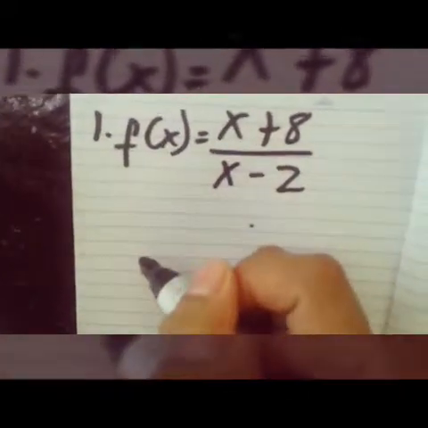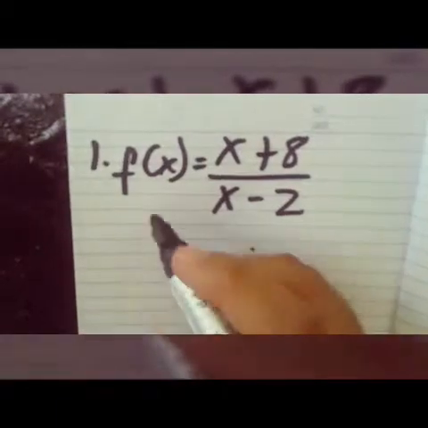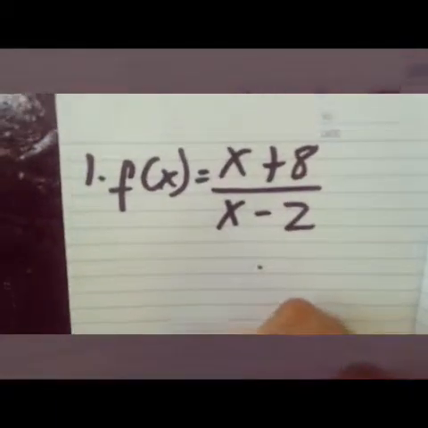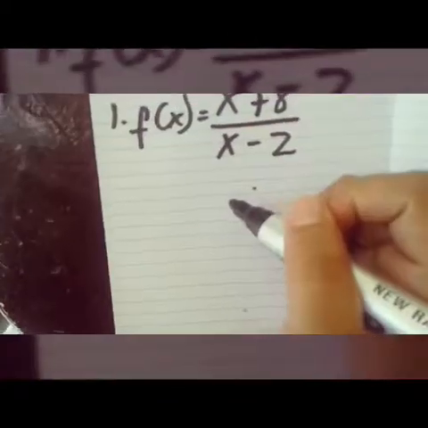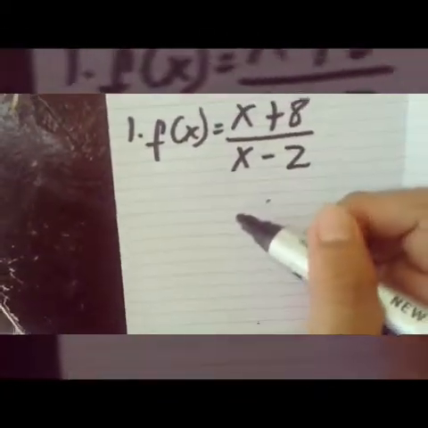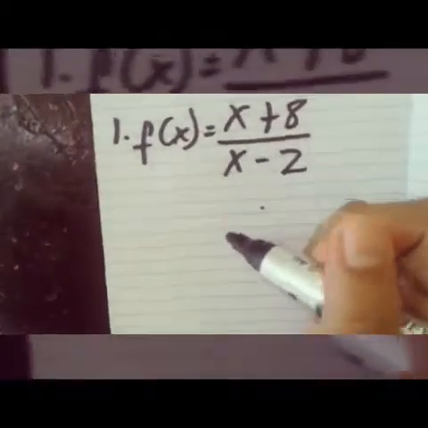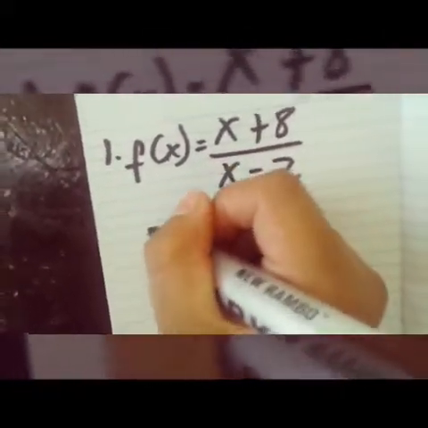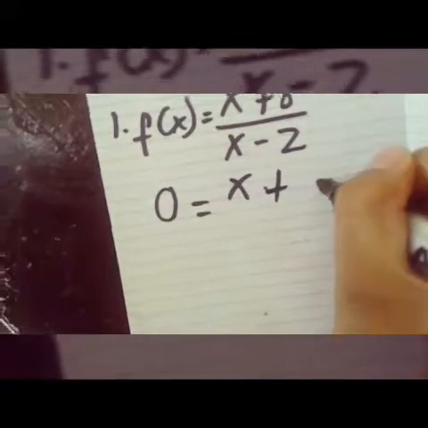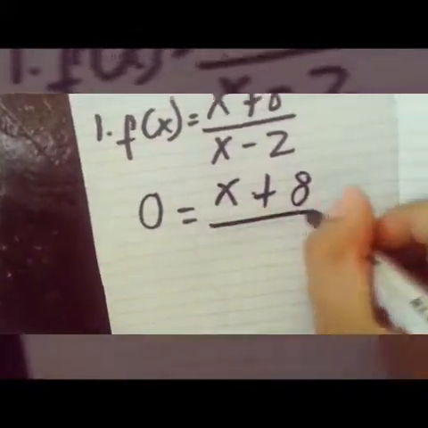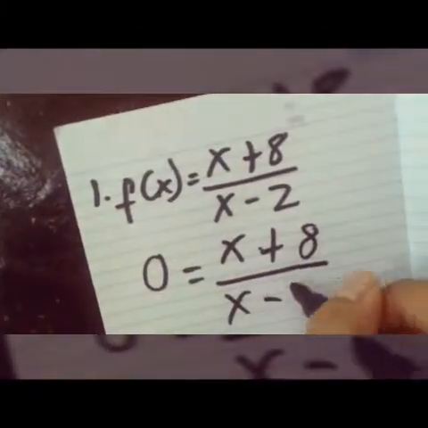Now, we find the x-intercept. We apply the second rule. For the x-intercept, we have to substitute 0 for y. 0 equals x plus 8 all over x minus 2.